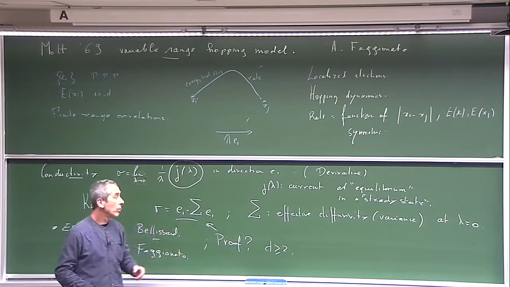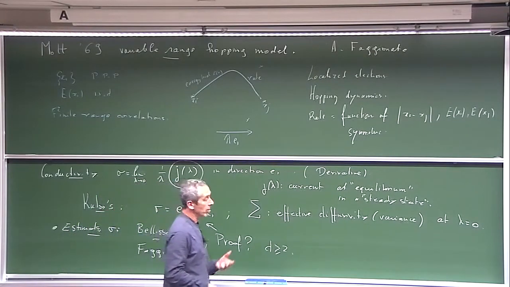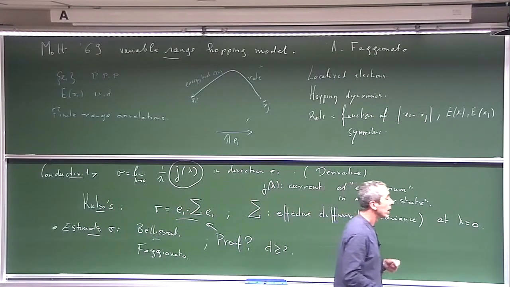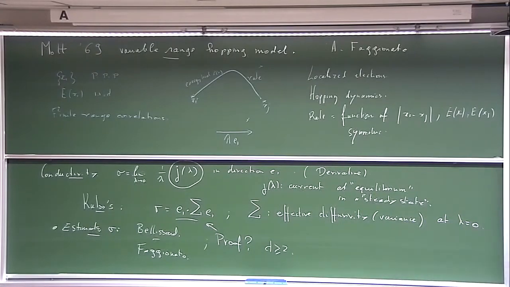So you would actually start with a typical realization of the environment, which is sampled according to Q.